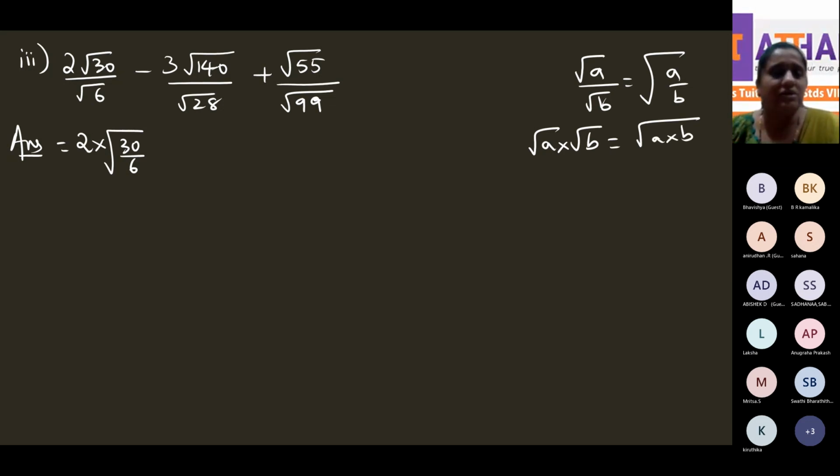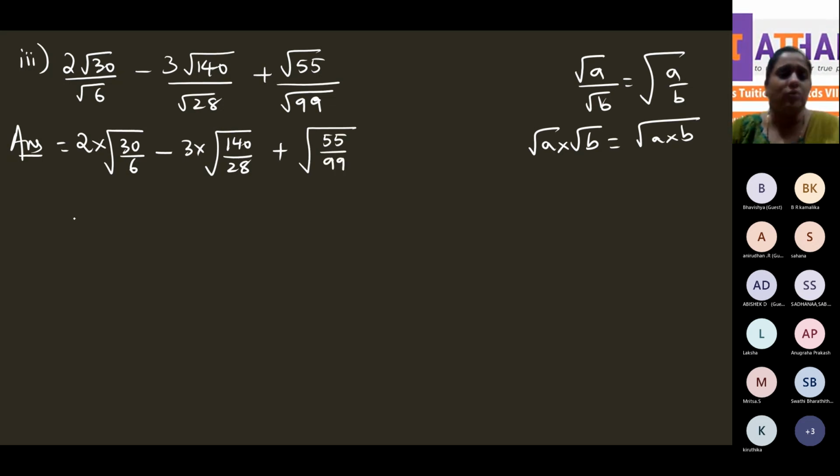So using that, 2 into root of 30 by 6 minus 3 into root of 140 by 28 plus root of 55 by 99. This is the first step. Now you can simplify. 6 ones are 6, 6 fives are 30. So it will be 2 root 5, under the square root there's only 5.